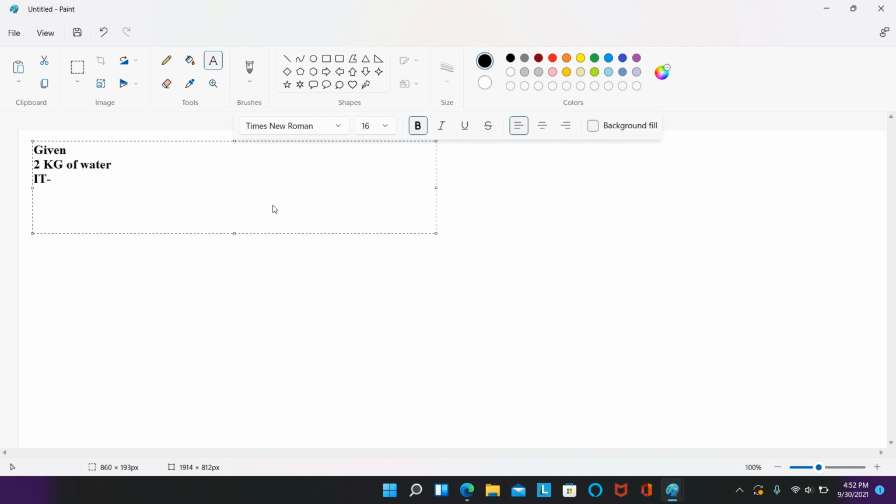Initial temperature is 20 degrees, let's just do Celsius. Final temperature is 50 degrees Celsius, and the specific heat is 4184 joules divided by kg Kelvin.